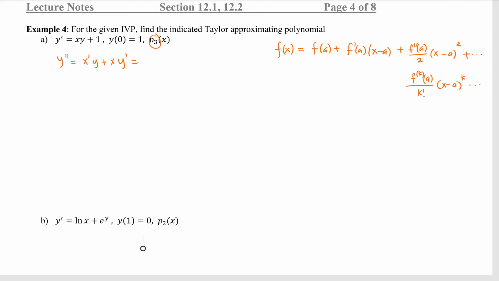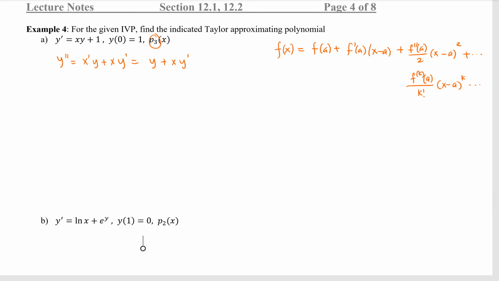So far so good, everybody? And x prime is 1, so we have y plus x y prime. We can also plug in y prime equals xy plus 1, or we can just leave it here.